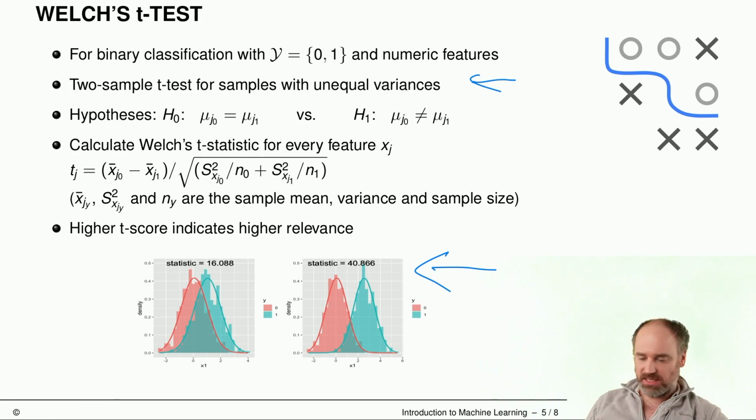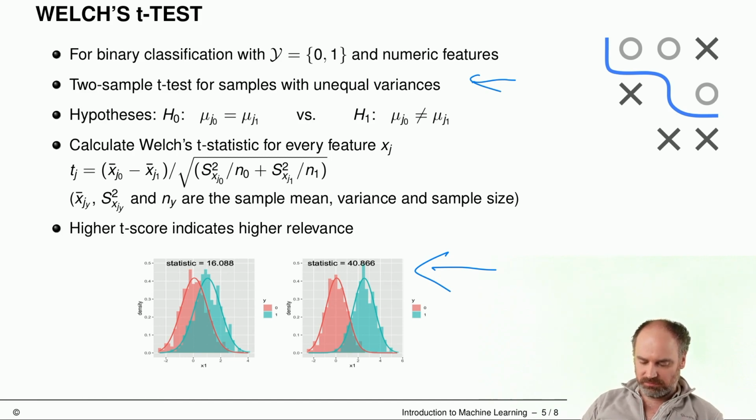So let's say we have one numeric feature and two classes in our output. So how about we say, if I now look at the class conditional distributions of this feature, if there's maybe a big difference in mean between these two distributions, I guess then I can use the feature to characterize the two classes. And this is exactly what I'm now plotting also down here.